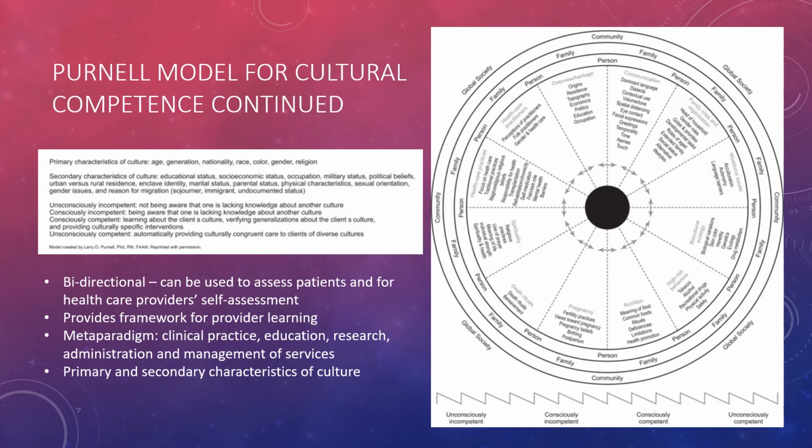If you were going to take this and apply it to your PICO question, I think you would take each of those 12 domains, and like with the Leininger model, you could even use the diagram here as a way to think through each of those domains, and then how your intervention would impact the person, the family, the community, and then potentially be impacted by the global society as a practice change.